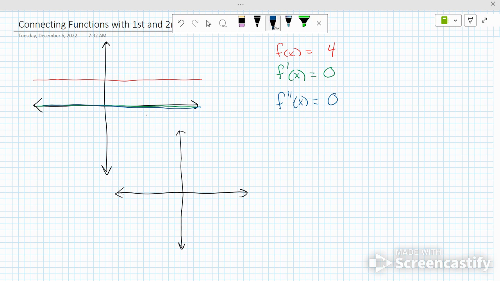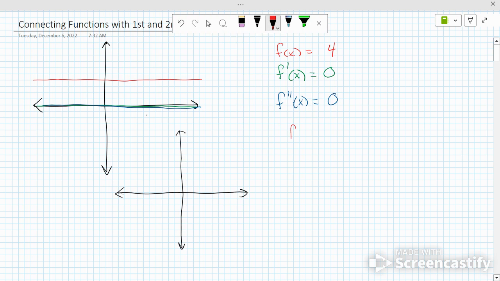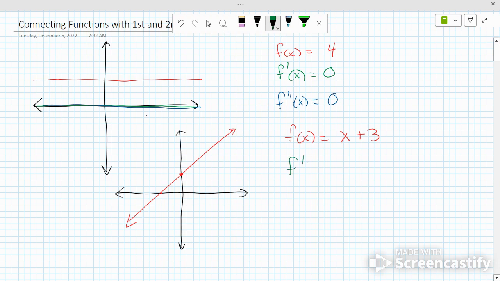Let's say that f of x equals x plus 3. Looks like that. Okay? What would be the first derivative of that function? 1.